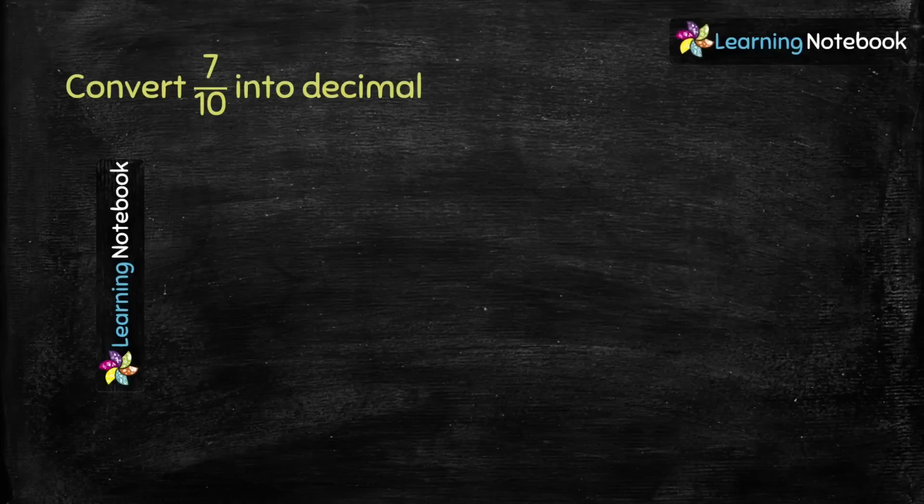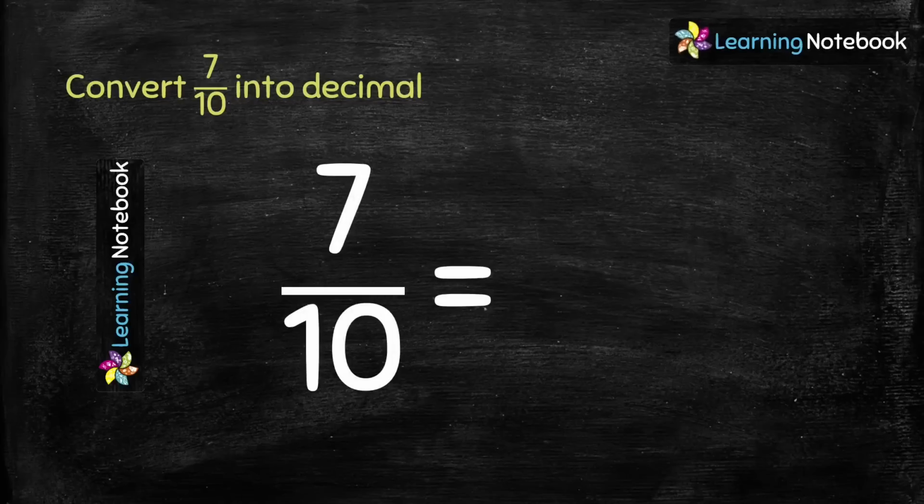Question is convert 7 by 10 into decimal. So students, first we will write the numerator of the fraction as the number. So numerator is 7. So let's write the number as 7. Then we will count number of zeros in the denominator.